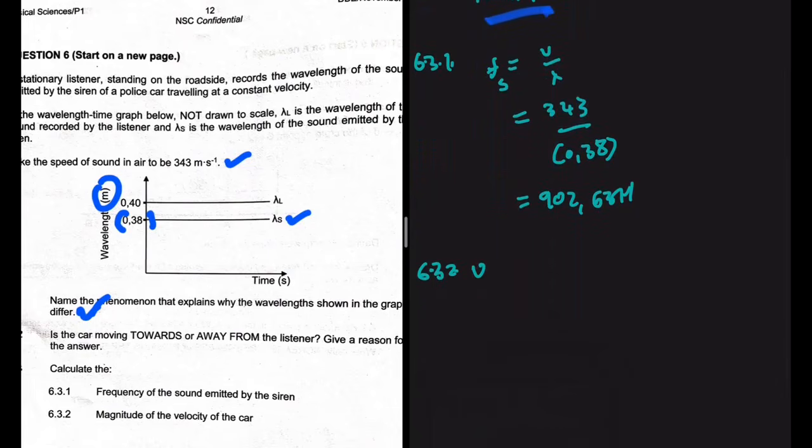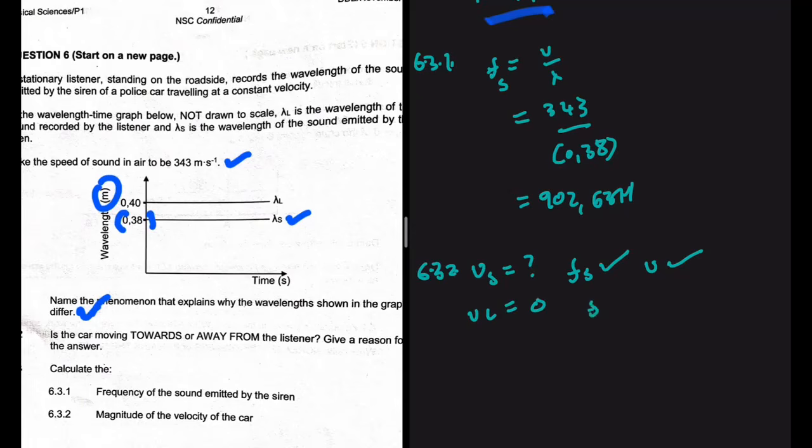Okay, so magnitude of the velocity of the car. This is the velocity of the sound source that you are looking for. We have the frequency of the sound source because we have calculated it. We have the speed of sound in air, it is given to us, it is just V. So we are looking for Vs. We have VL because the listener is stationary, which is 0.